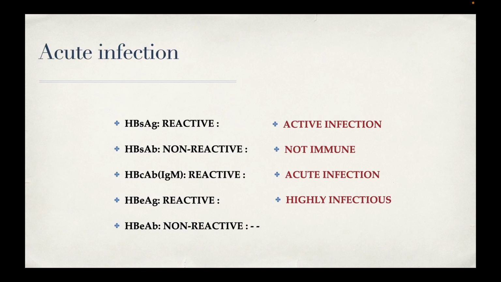Acute infection. Acute infection because the patient is having the surface antigen still persistent. The patient is having the immunoglobulin M also persistent, as well as the E antigen also persistent. So this is an acute infection. The patient is highly infectious.